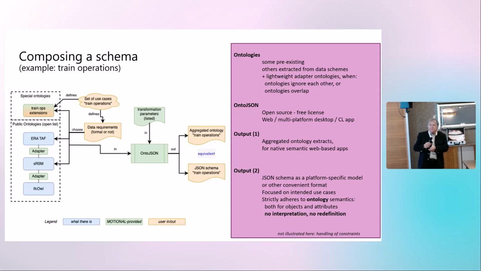Once that is done, you can simply list the models you want. Ask this piece of software called OntoJSON, or OntoComposer in the future, to generate a schema using a list of published and documented transformation parameters that you can select on and off. Like, I don't want constraints.